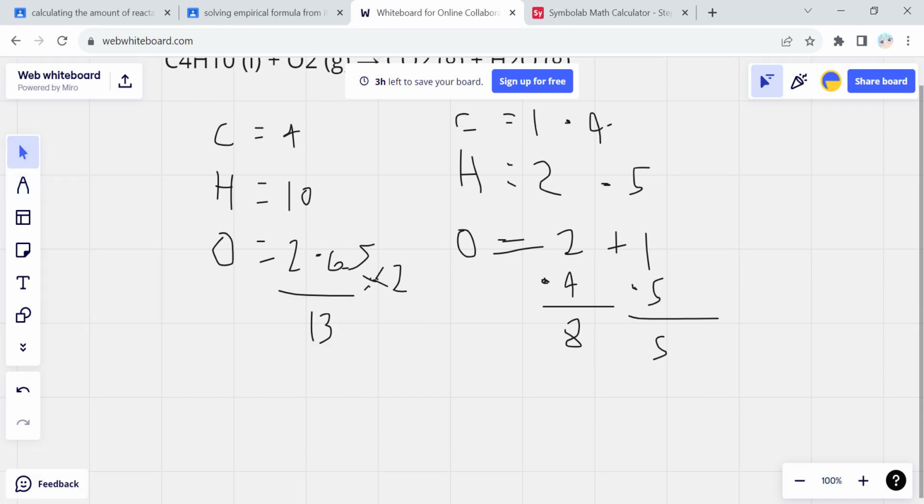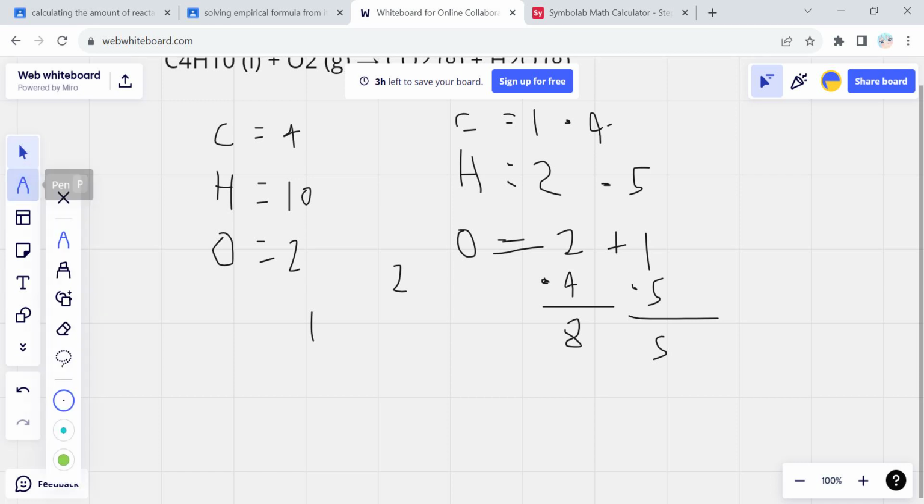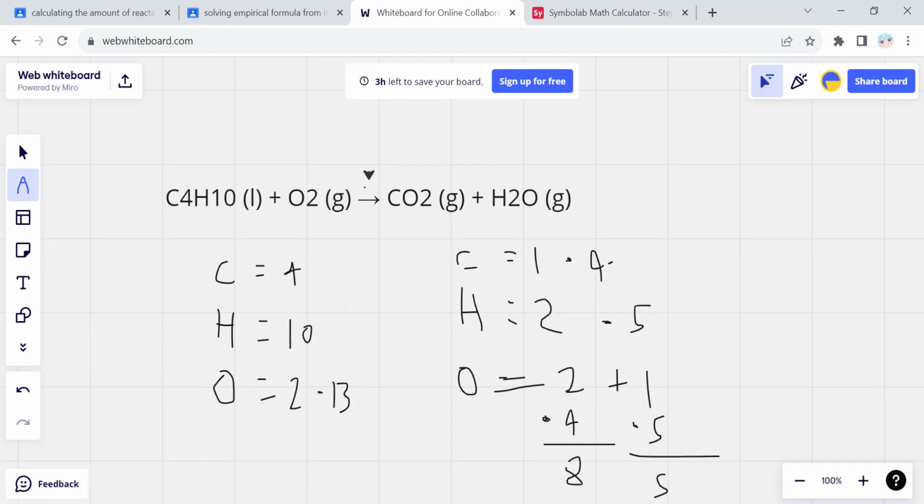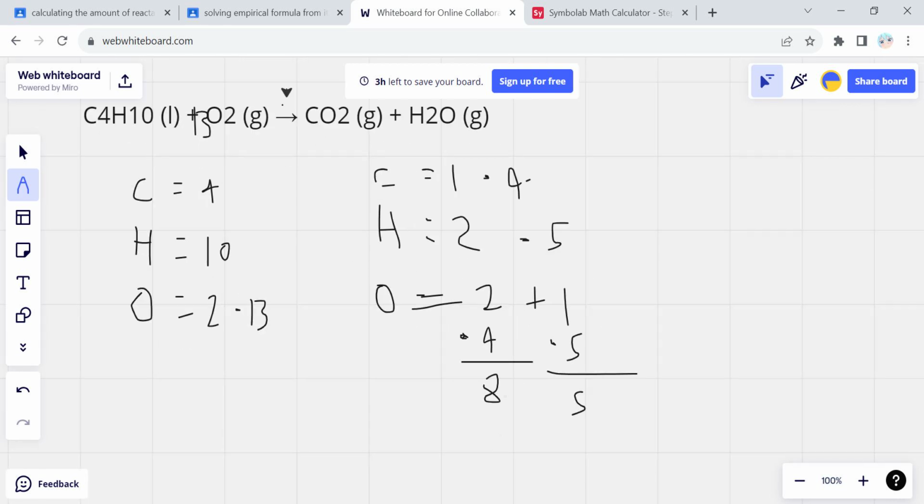Or rather, since we multiply 6.5 by 2, let me just erase that. This now becomes 2 times 13. So now our oxygen is 13. That will also mean that we'll have to multiply these by 2.